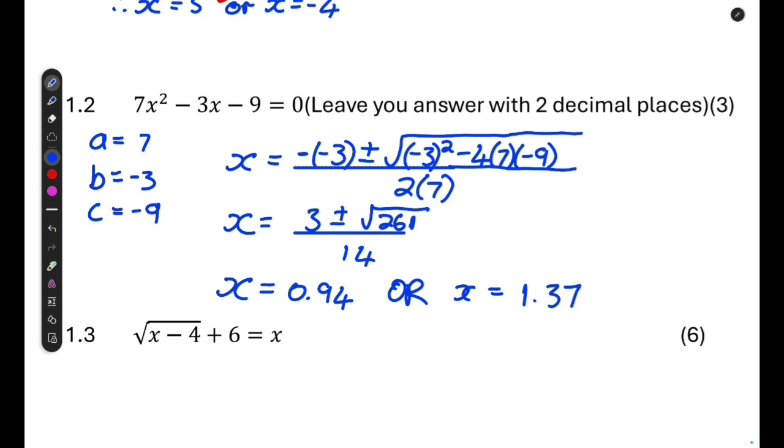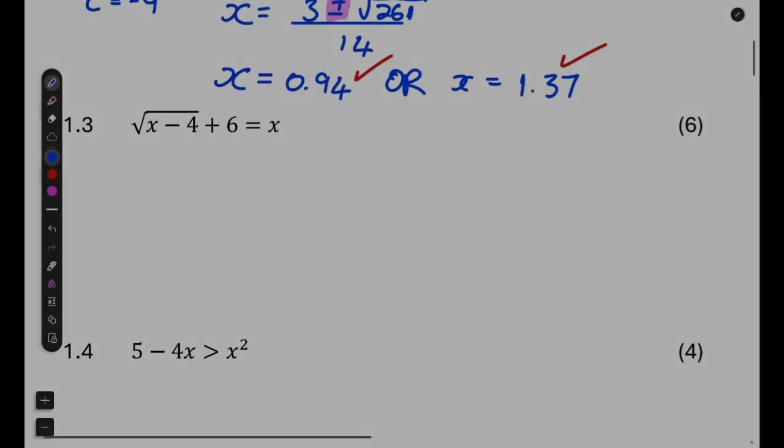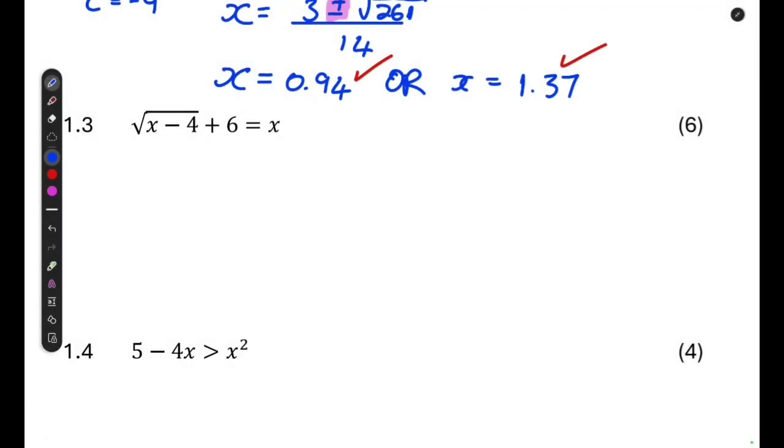So now remember, on the calculator, you do not have a plus minus button. So first type in the one with the plus, and then just press backspace, and then type in the one with the minus to get two answers. Okay, this is also 3 marks, 1 mark for actually subbing in, then the other 2 marks, each one for your answer.